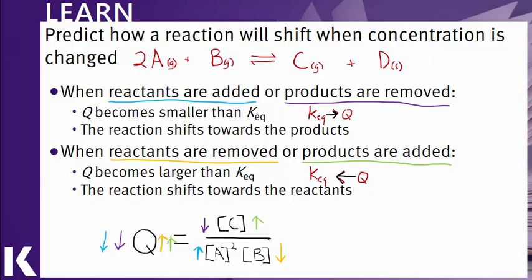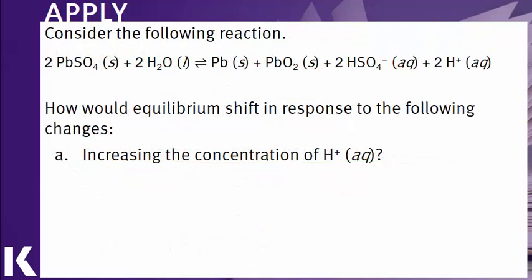Let's use this information to predict how a reaction will shift when concentration is changed. In this question, we have a reaction in equilibrium, and we need to predict how the reaction will shift if we increase the concentration of H+. In relation to KEQ, will Q be larger, smaller, or the same? To help determine this, let's write out the equation for the reaction quotient. Remember that we only take into consideration gases and aqueous reactants and products.